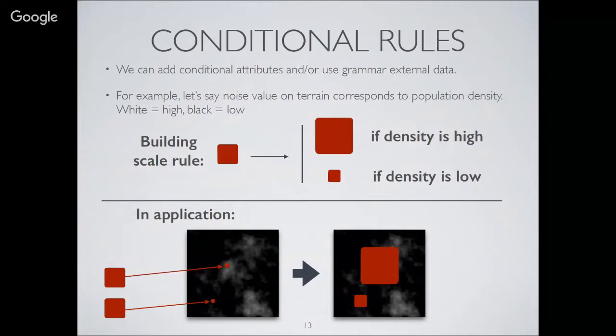You can use any number of things, and interpret this value as something like population density if I'm trying to generate buildings. So if my value is high, I'll make my building really big. And if my value is small, then I'll make my building smaller. And this is a nice way of adding conditional attributes and adding more variation into your system.